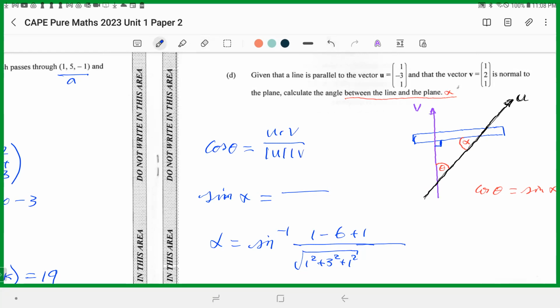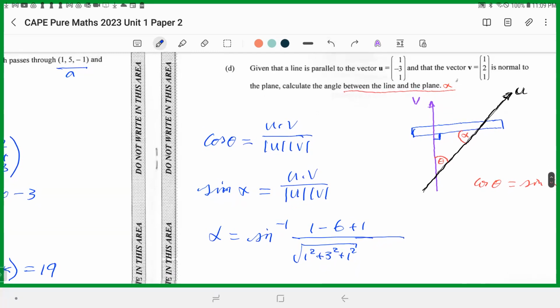I already have the calculation for the modulus of u. Now I need to do the modulus of v, which is 1 squared, 2 squared, 1 squared.